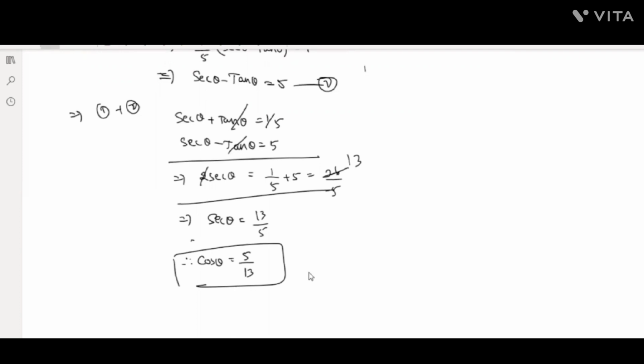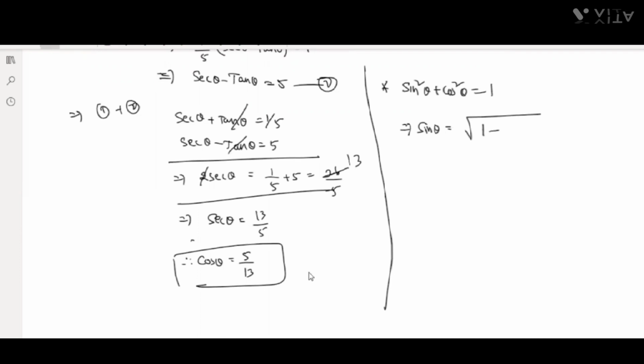But we need to find the sin theta. We have a relation between sin and cos, that is sin square theta plus cos square theta is equal to 1. From where sin theta is the square root of 1 minus cos square theta. Otherwise, we can go with the right angle triangle also. There are different ways. If I go through the right angle triangle, this is theta, this is the adjacent side, this is the hypotenuse.